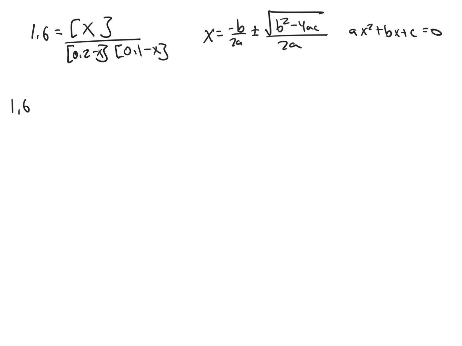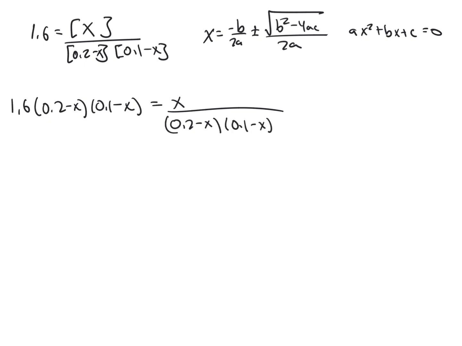So 1.6 times 0.2 minus x times 0.1 minus x is equal to x times 0.2 minus x times 0.1 minus x, and again I'm multiplying that on both sides so that I can get it out of the denominator. That was the goal. That canceled all of this stuff and just leaves me x on the right hand side.